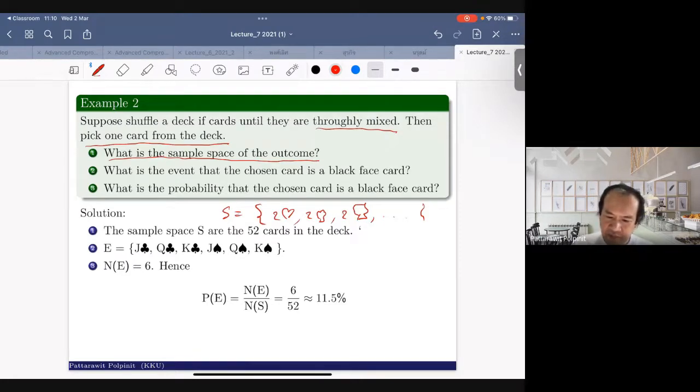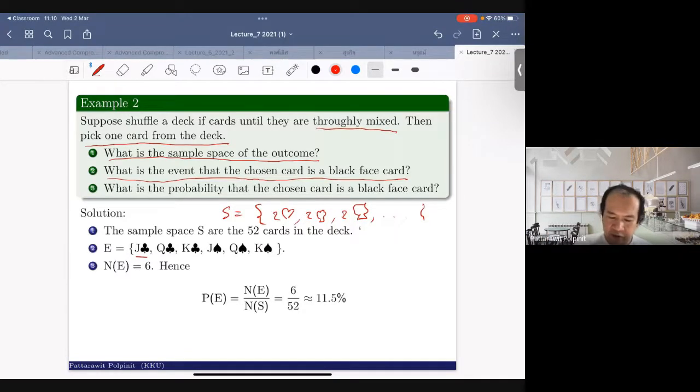What is the event that the chosen card is a black face card? It has to be a face card, which means Jack, Queen, King, and it has to be black.